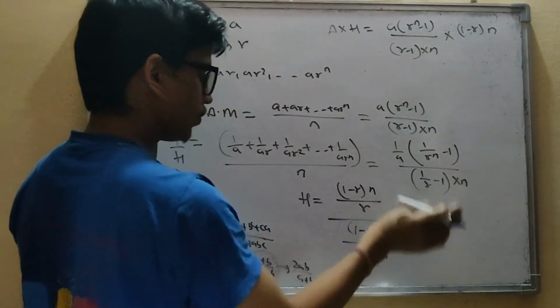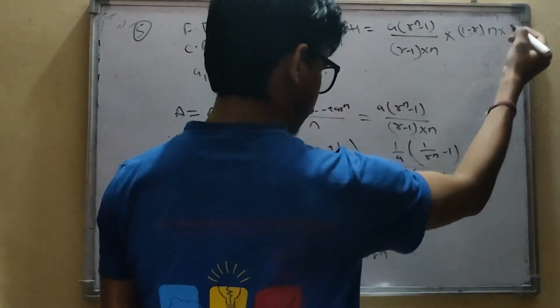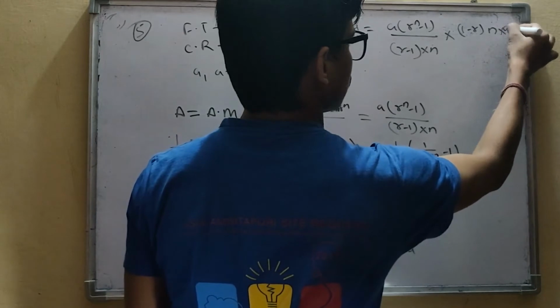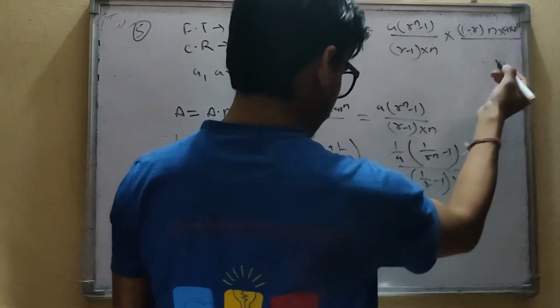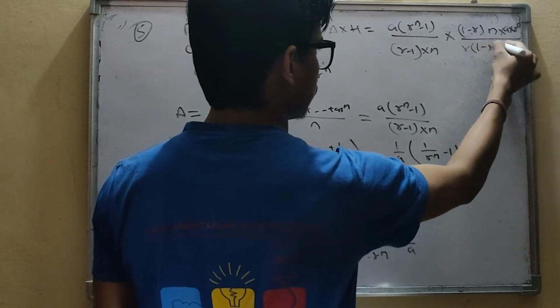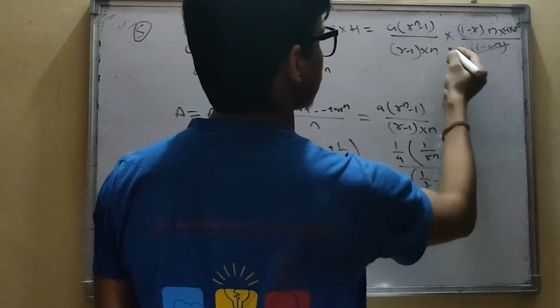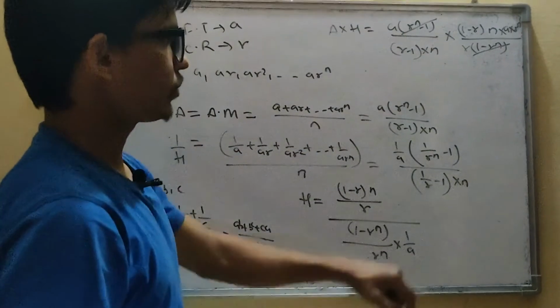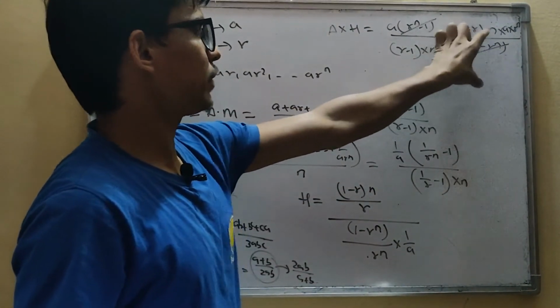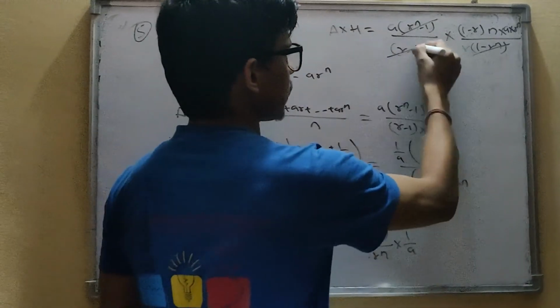So this is going to be upward, a into r to the power n, and this will come down to the denominator, 1 minus r to the power n. So this will cancel out with this. How is it so? Take minus common from here and here. So they will become exactly the same, so these two will cancel out also.